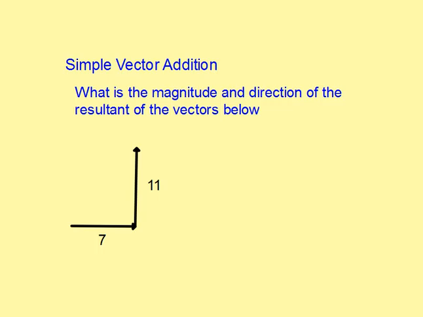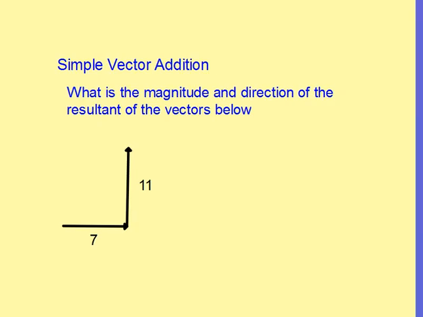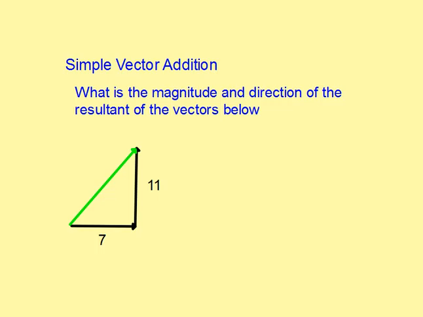If we start with simple vector addition, you look at this problem. What's the magnitude and direction of the resultant of the vectors that are shown below? Well, if we do what we did in the second module, we just simply need to draw the resultant vector here. Green's a good color. Come across. There's the resultant, and let's see what the magnitude of this resultant will be.